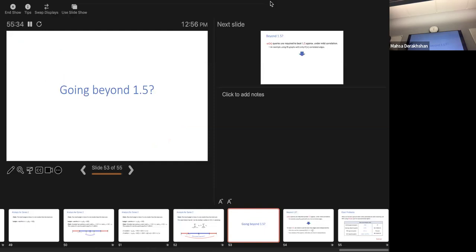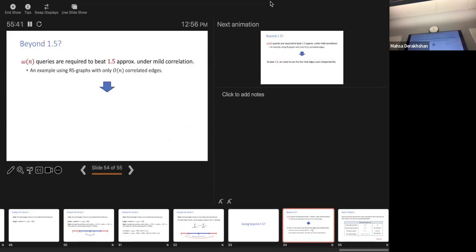Now you may ask about going beyond 1.5. I think it's possible, actually, but I don't know how. If you want to go beyond 1.5, you need to make sure that your analysis really uses the fact that edges are realized independently.